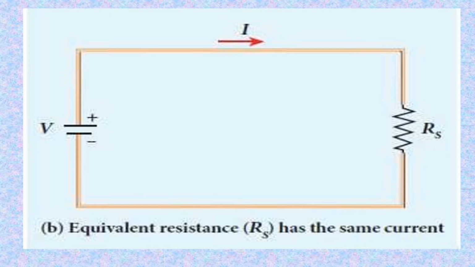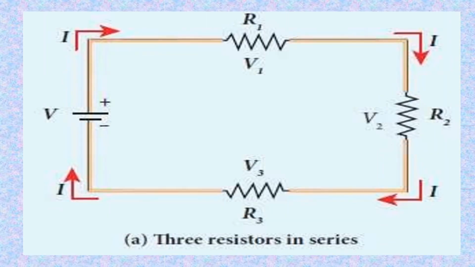Now, this circuit represents the equivalent resistance that can be represented by Rs, and here we can see by the direction of current that the equivalent resistance Rs has the same current as the previous circuit was having.